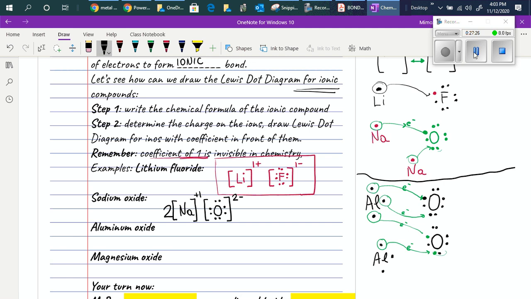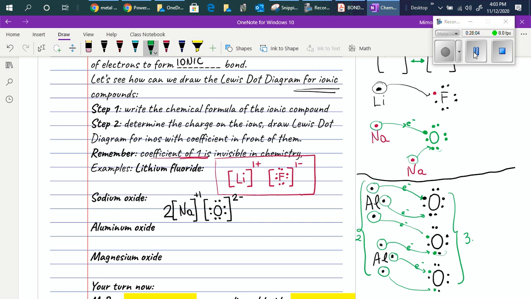So a third oxygen that has 6 valence electrons here is saying, okay, I will take those 2 electrons, and in this way, all 3 oxygen have a completed valence, and both aluminum have a completed valence.